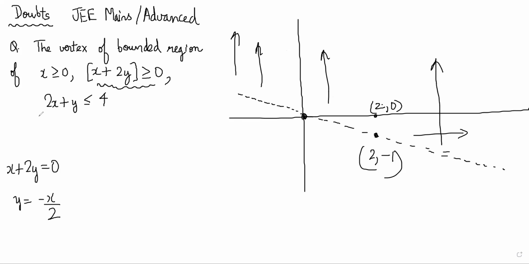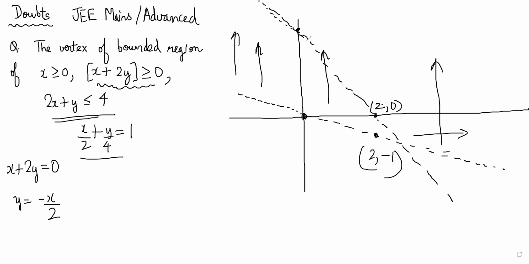And then similarly, 2x plus y is equal to 4. If we plot it, we get x by 2 plus y by 4 is equal to 1. So the x intercept is 2, the y intercept is 4. So it is like this, right?